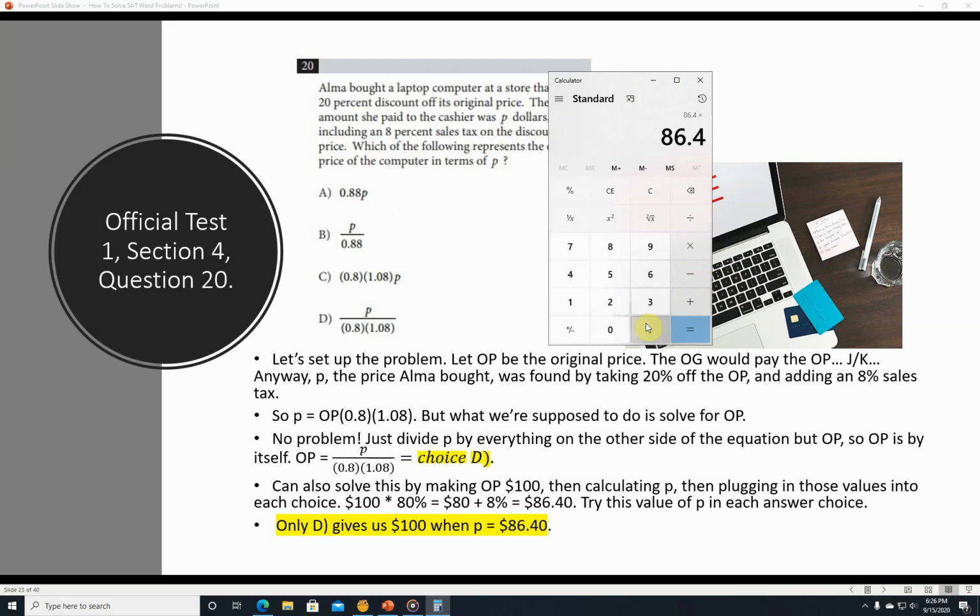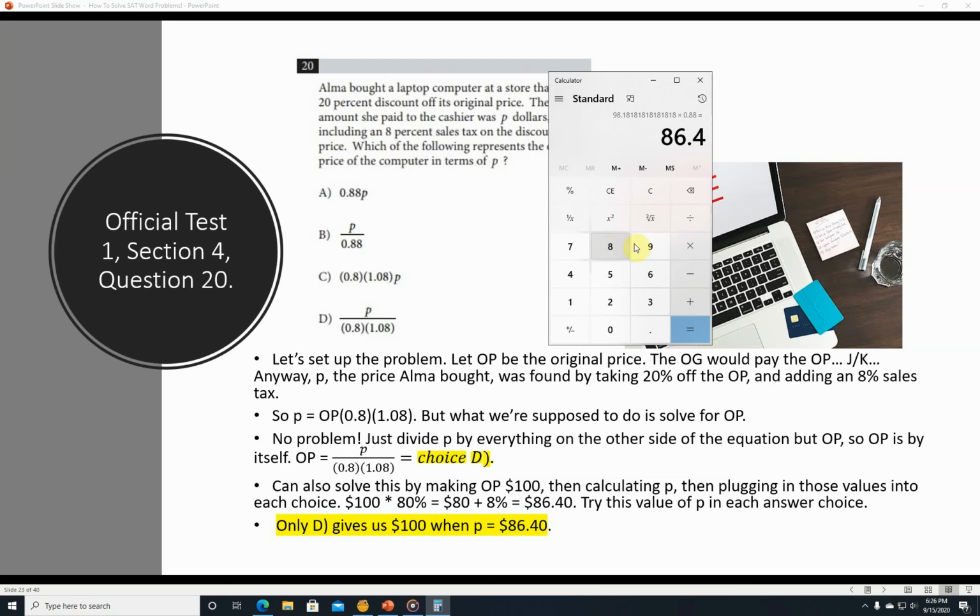86.4 times 0.88. No, that's not it. So we can divide by 0.88 to get back to where we started, 86.4. So P over 0.88 gives 98. That's pretty close, but not close enough.